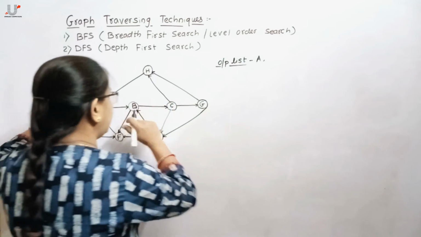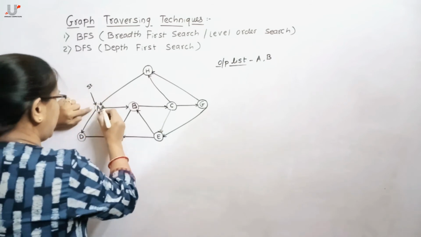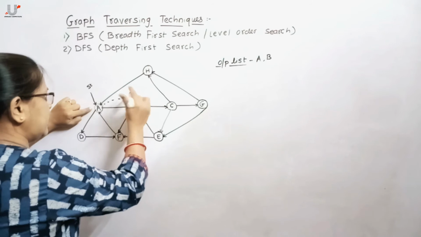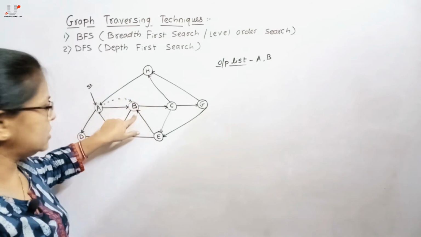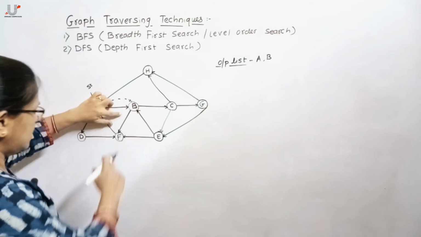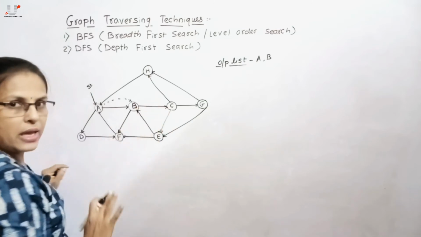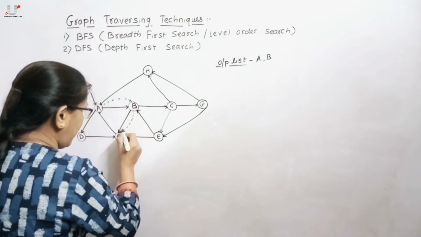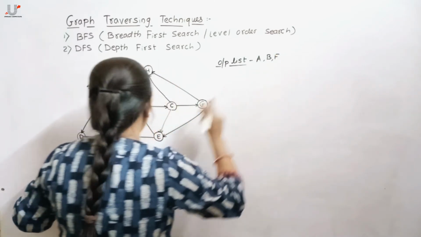Here I consider B. From A it will move to B. Then from that B, choose an adjacent unvisited node for B. It has two adjacent nodes, F and C. You can choose any. Here I choose F. Then add that F into the output list.